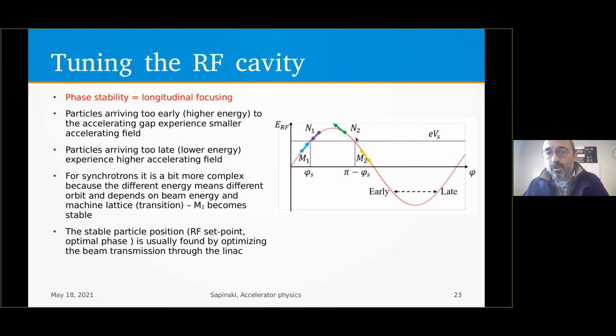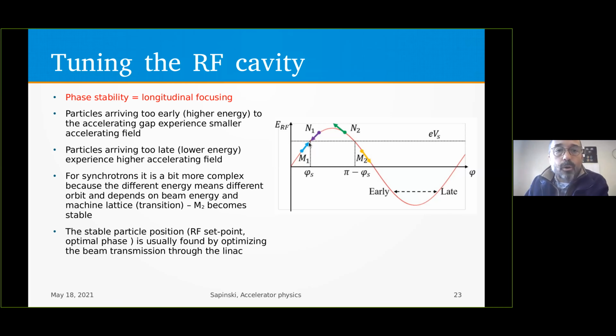So this working point is unstable. The particles which are in this working point will spread. They will go away from a stable phase. This point is actually stable because the particles which arrive earlier, which have higher energy, gain less energy, so they are later in the next accelerating period.